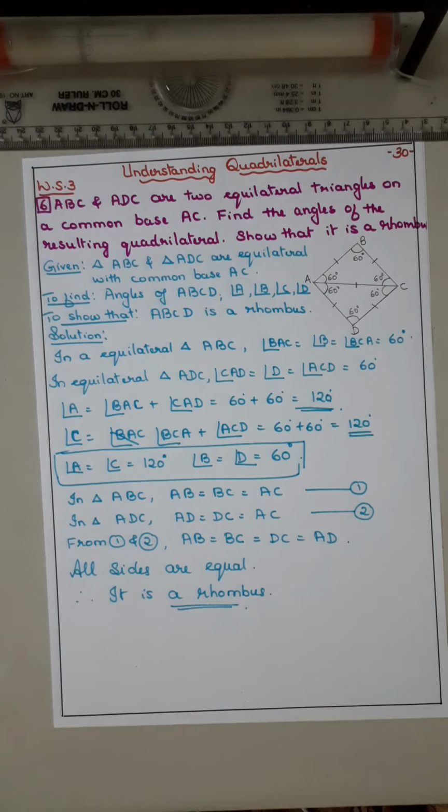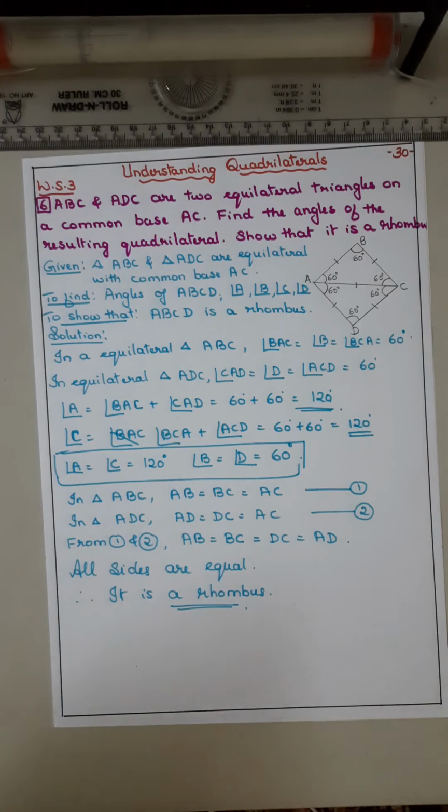So in this question, you had two parts. First is to find the angles, and second is to show that it is a rhombus. Differently, you have to see which are the angles in both the triangles and then add.